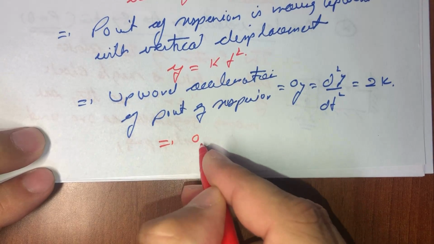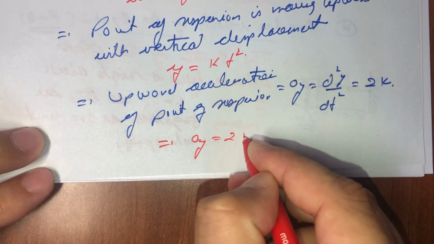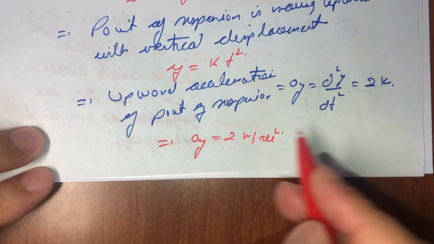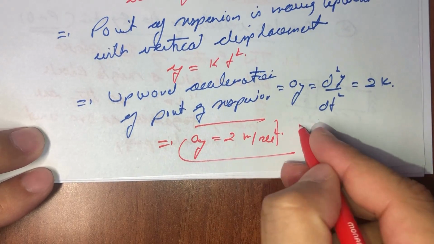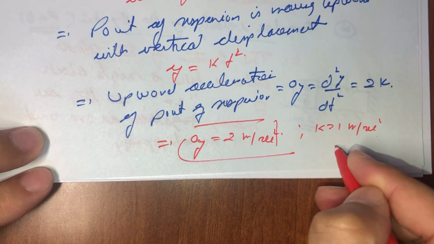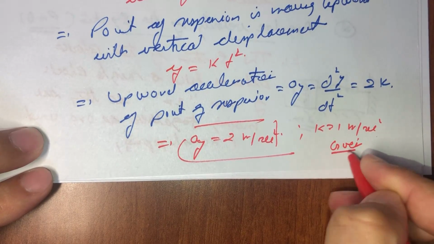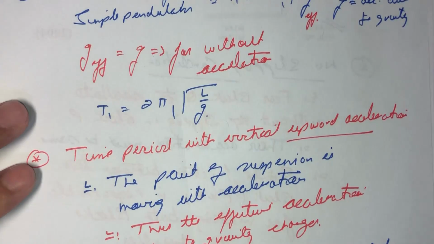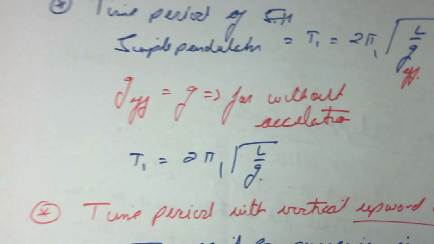Therefore ay is equal to 2 meter per second square. So we found that the upward acceleration of the point of suspension is 2 meter per second square.